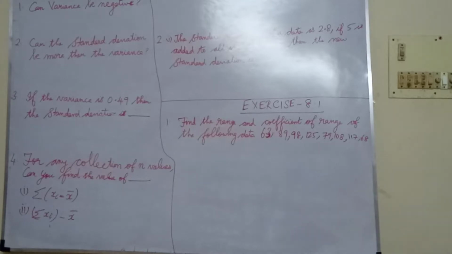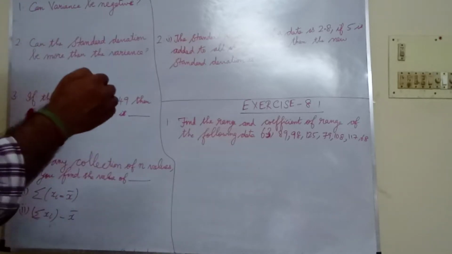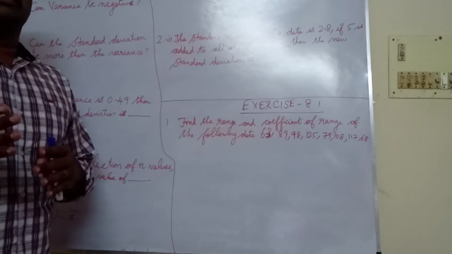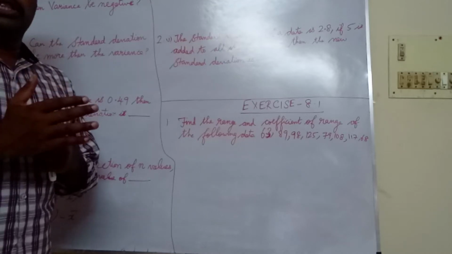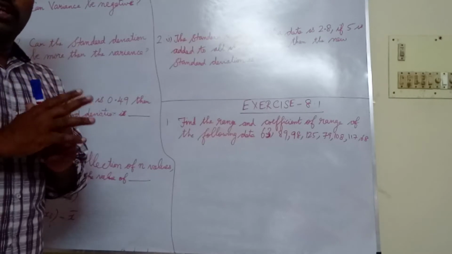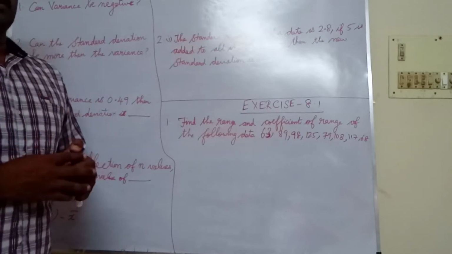Now, in the previous class, we discussed the formulas and concepts of statistics, and mainly we saw the coefficient of variance, what the range is, what the coefficient of range is, and the deviation method. Two kinds of data are there: one is ungrouped data and the second one is grouped data.